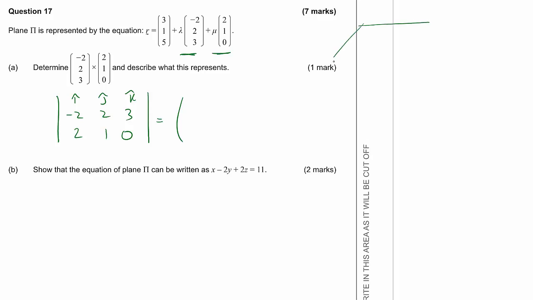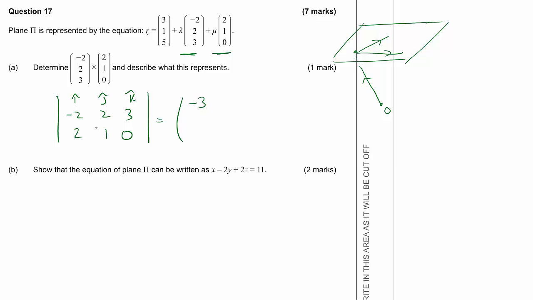And just to explain, when we're in parametric form, we know that the point 3, 1, 5 is on the plane, and then these two things that are multiplied by lambda and mu would be two directions that are in the plane. So covering up i gives us 0, take away 3.